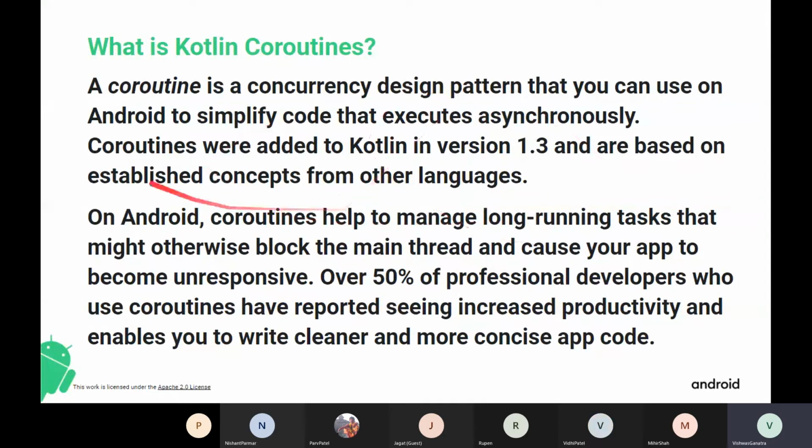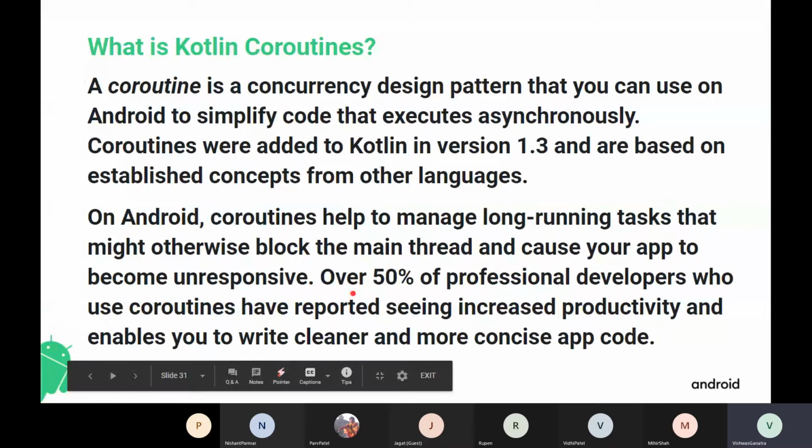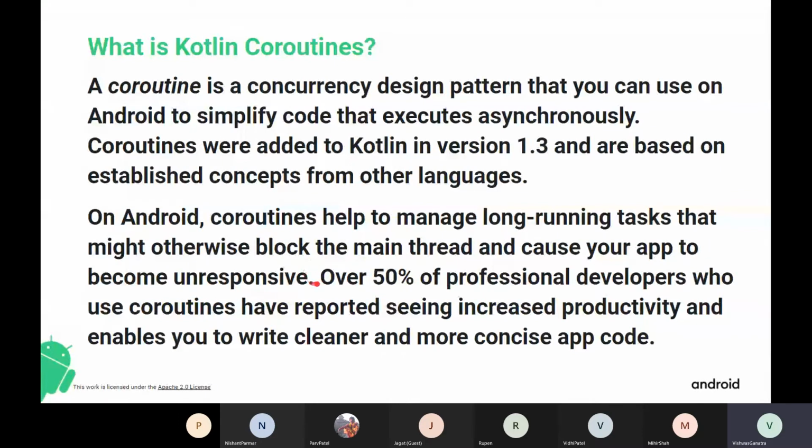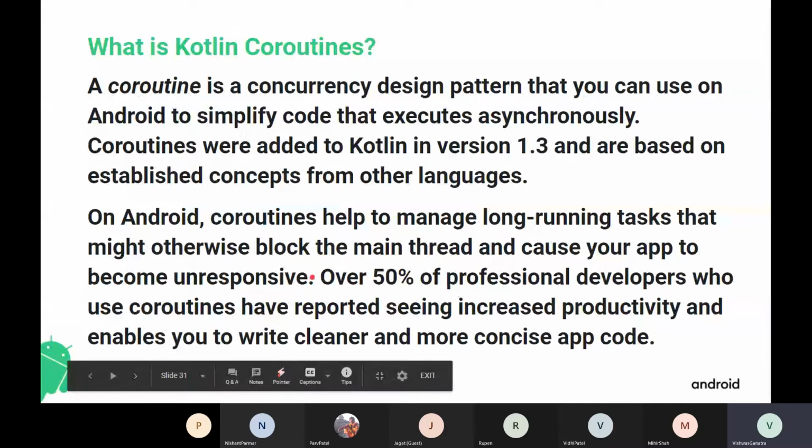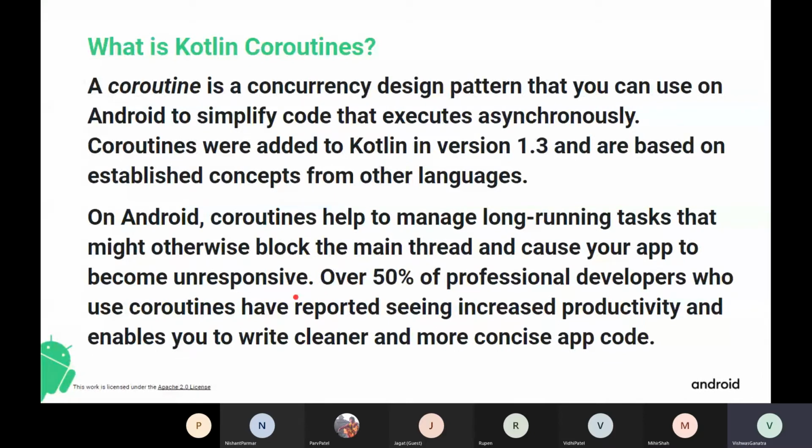On Android, coroutines help to manage long-running tasks that might otherwise block the main thread and cause your app to become unresponsive. As I mentioned, if you are implementing a network request directly on your main thread, then your app might become unresponsive and it can lead to blocking the main thread, and your execution won't be completed in the given time.